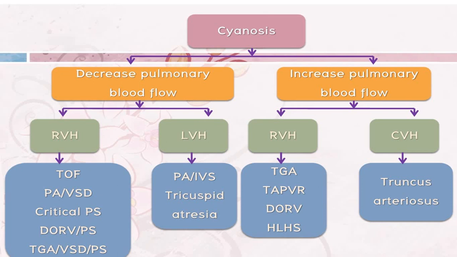While with increased pulmonary blood flow, which is producing RVH, you will have transposition of great arteries, total anomalous pulmonary venous drainage, outlet obstruction to RV, hypoplastic left side heart, and you can have a combined ventricular hypertrophy, that is RVH with LVH, in truncus arteriosus.